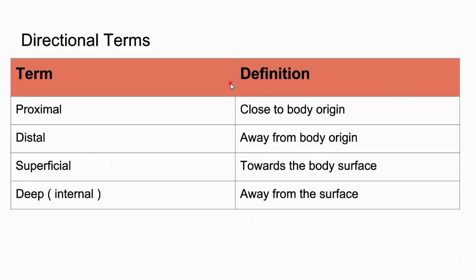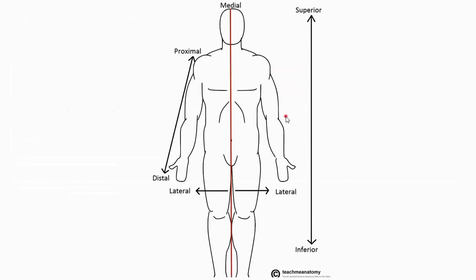Other terms include the proximal, which is close to the origin. For example, we have this diagram here. Any structure which is close to this elbow, from this elbow going up, we can say that this part here is proximal to the elbow because it's close.